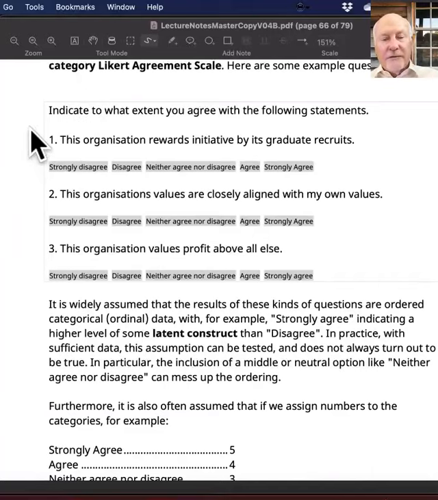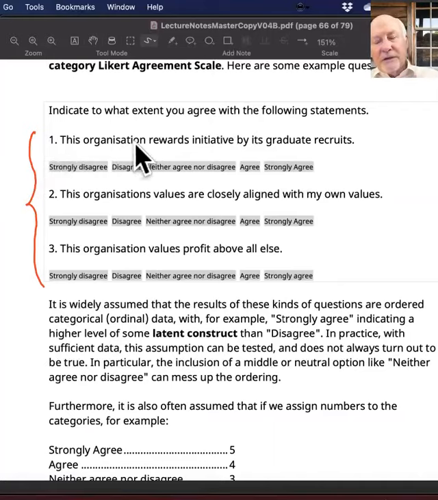These are the kinds of questions that are fairly common in surveys. A lot of organisations do what they call staff surveys or staff climate surveys. They're basically trying to work out whether the employees are happy and motivated, whether they're intending to leave or stay, and how they feel about their supervisors, and so on.